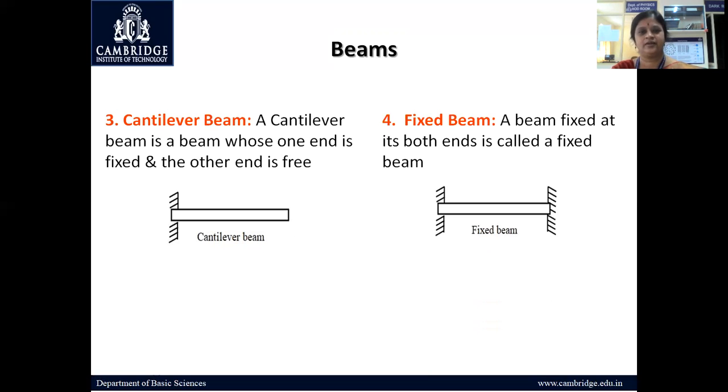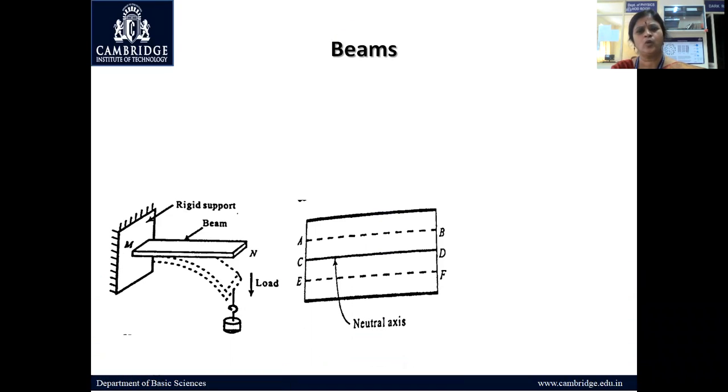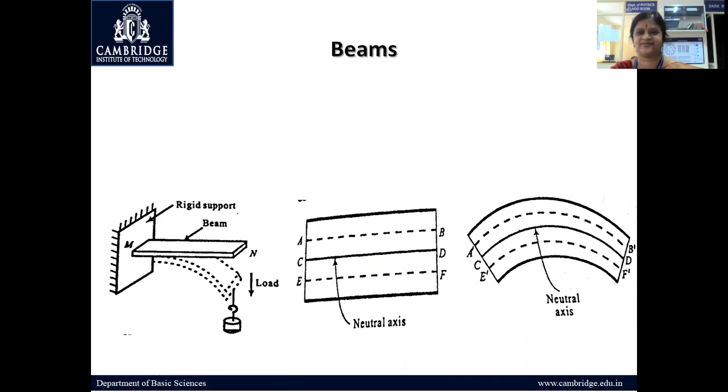Right. Now let us know what a neutral surface and a neutral axis are. Now see here, this is a beam. Let me consider a wooden beam, a wooden scale.